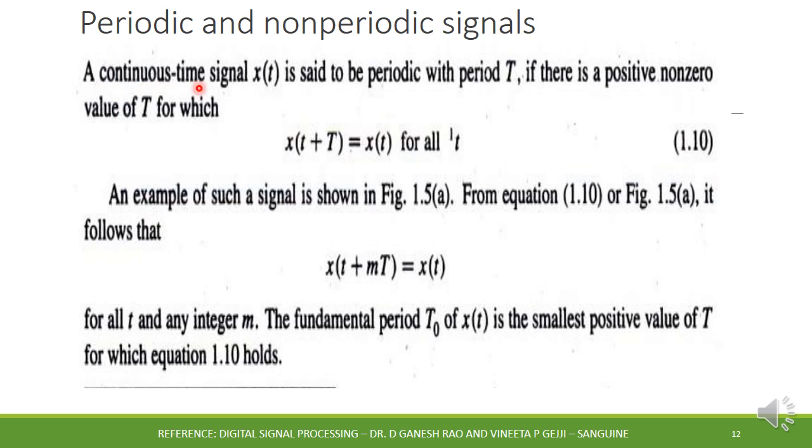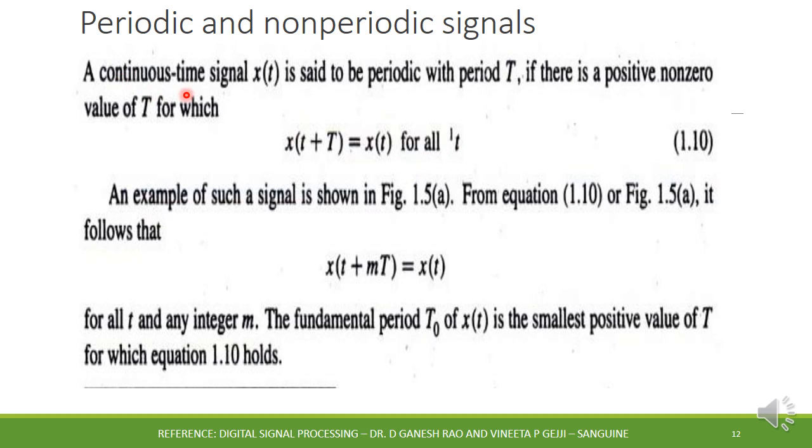A continuous time signal x of t is said to be periodic with the period T if there is a positive non-zero value of T for which x of t plus T is equal to x of t for all t.